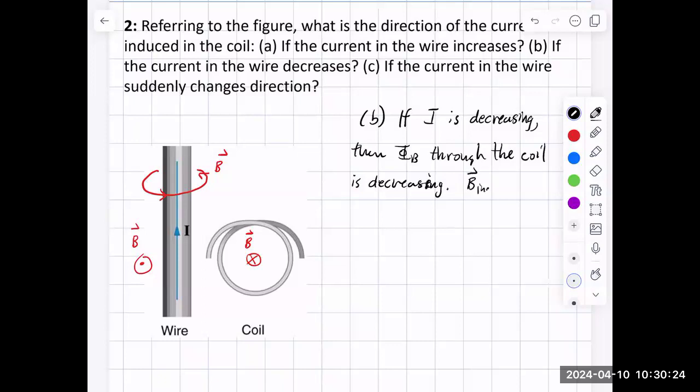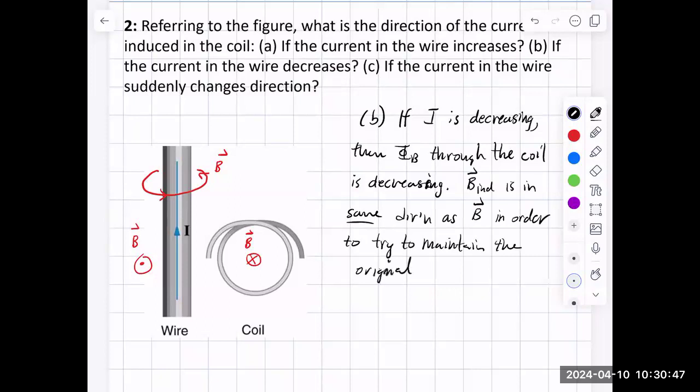That means B induced is in the same direction as B in order to try to maintain the original flux. Okay, so B induced is going to be into the screen in the same direction as the magnetic field due to the current in the straight wire.